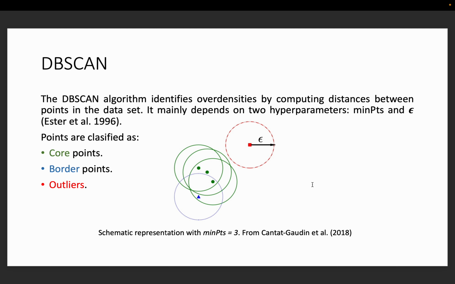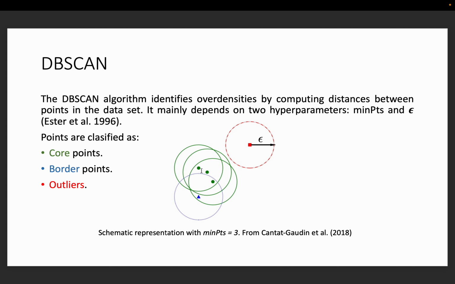Here is a schematic representation with min points equal to 3, taken from Cantat-Gaudin. You can see here that the three green points are considered core points because for each point we define an epsilon region, and we see that in this region there are at least 3 points.